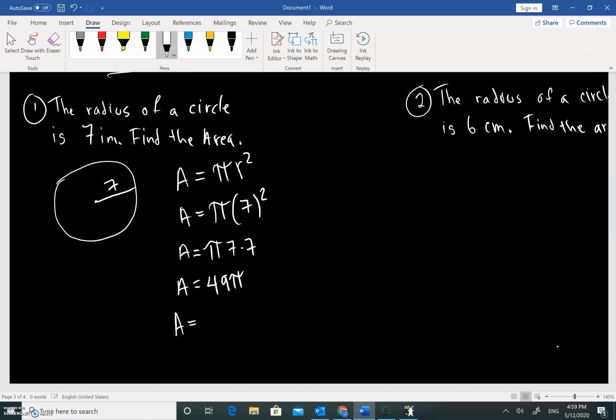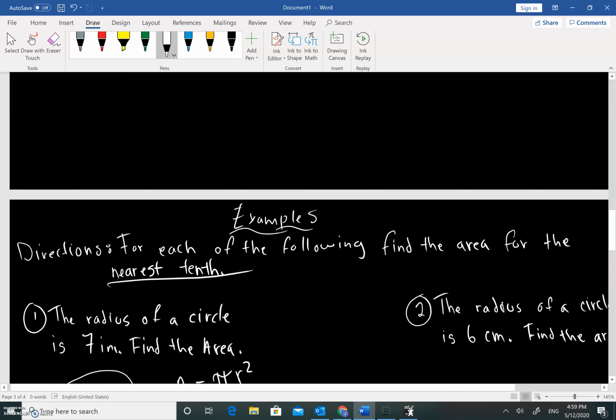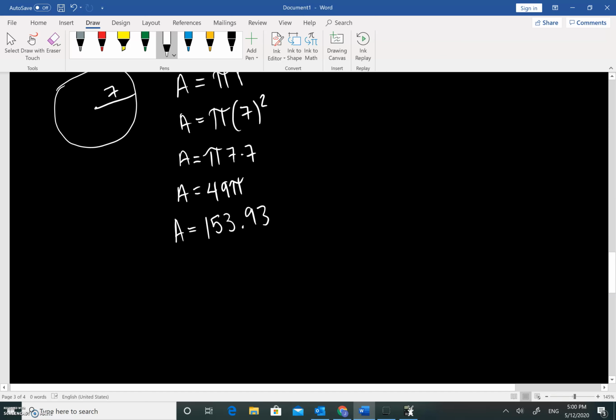So area is equal to 153.93. And they want it rounded to the nearest tenth, and because the nearest tenth would be this place, I look at the number afterwards, that's a 3. So because it's less than 5, this is going to become 153.9. It's going to stay there.